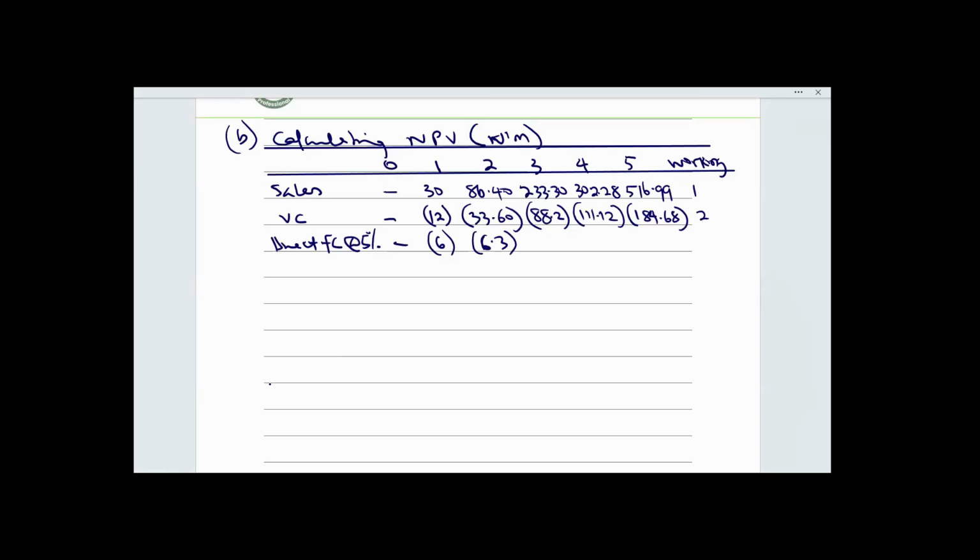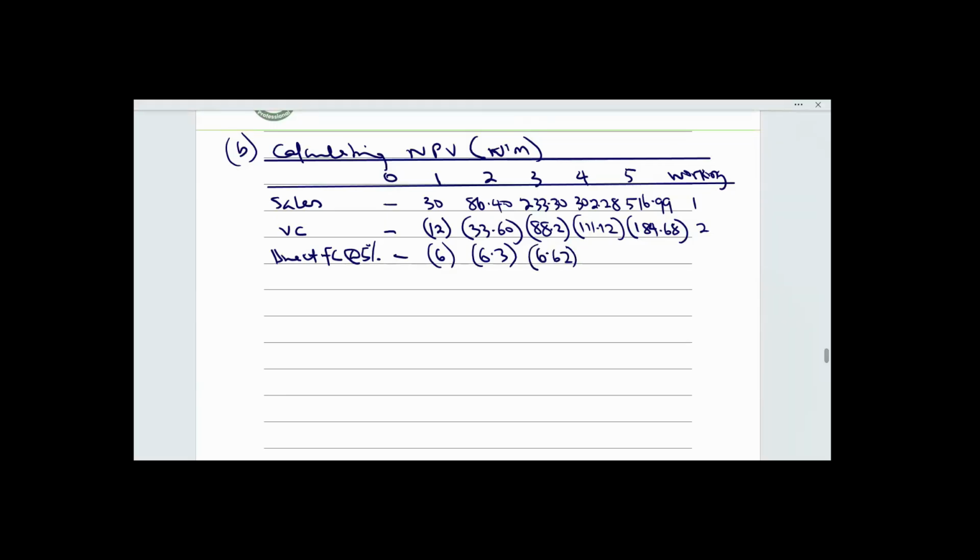Let me write that to make it clearer. Then what you have in your calculator, multiply by 1.05, equals 6.62.